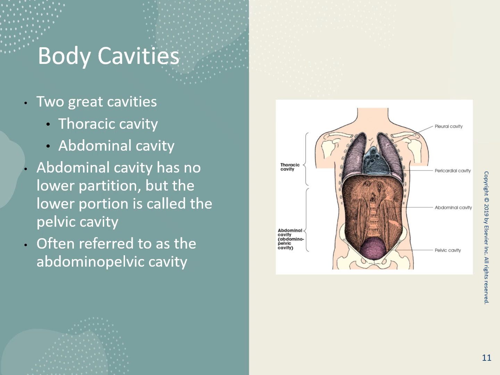The Merrill's Atlas only identifies the thoracic and abdominal cavity. Abdominal cavity doesn't have a lower partition, but its lower section is called the pelvic cavity. So you'll see this in CT where they call it an abdominal pelvic cavity. We haven't really added anything. We're just acknowledging that the pelvic cavity is a subsection of the entire abdomen, I guess.